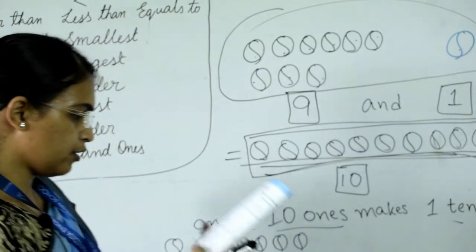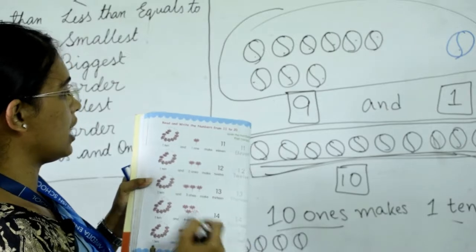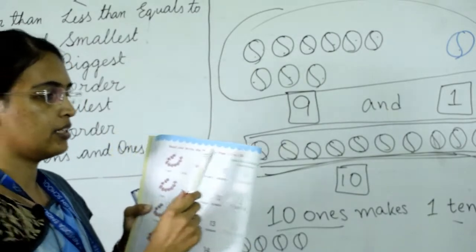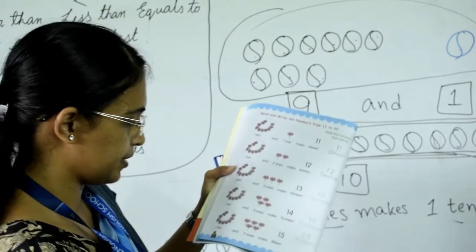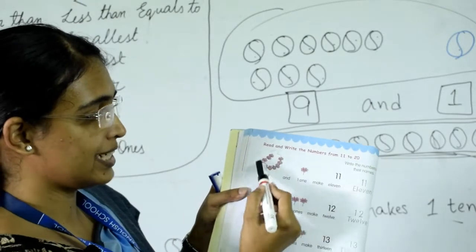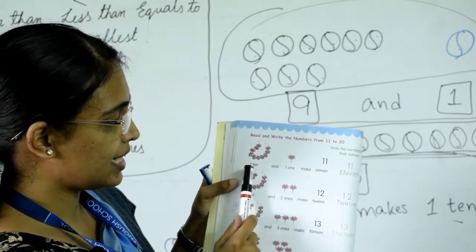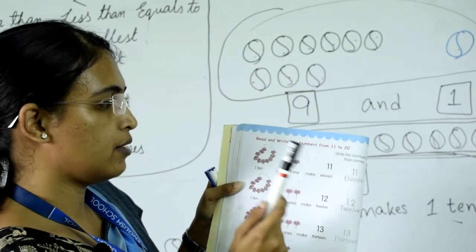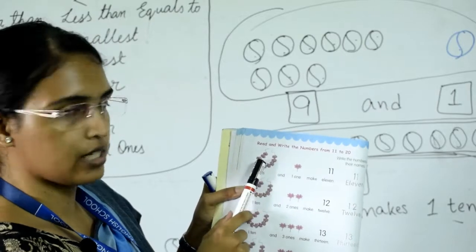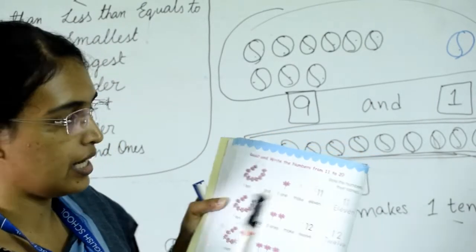So in this way we have to find this out, and we have to read and write the numbers from 11 to 20. Now look here, they have 110 garland, right? And with 110 they add one more flower, 10 plus 1, that means 11.